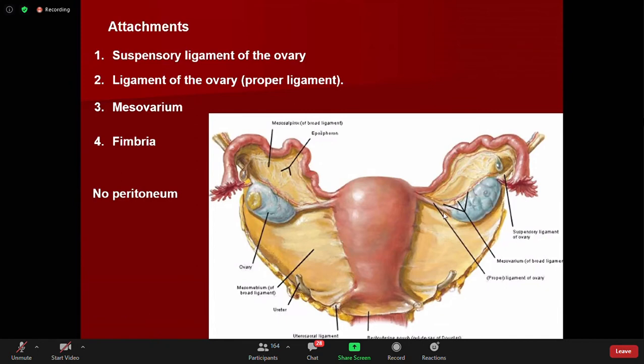Ovarian ligament or proper ligament, suspensory ligament containing the ovarian blood vessels, mesovarium, and we have the fimbriae attached to them so that they can pick up the ovum. Of course, they are not covered by broad ligament or by peritoneum so that they can ovulate, okay?